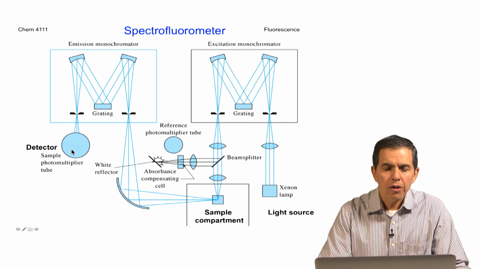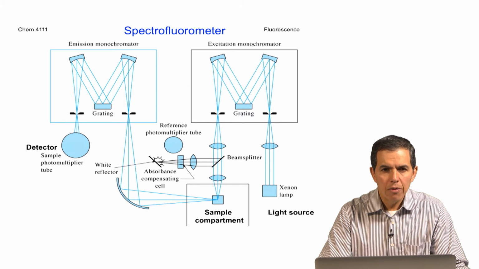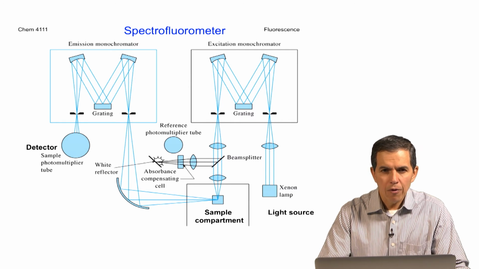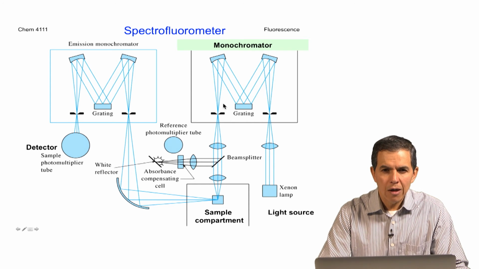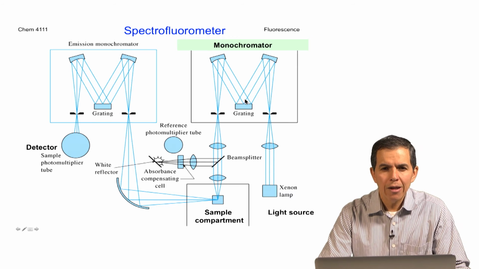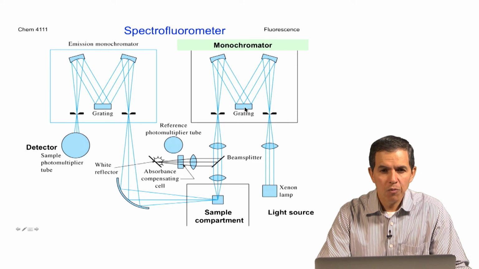Lastly, we need to understand how we're going to distinguish between excitation and emission light. And for that, we are going to be using monochromators. Monochromators are instrument components in which light can be dispersed, in this case by a grating, and selected by wavelength through a slit.